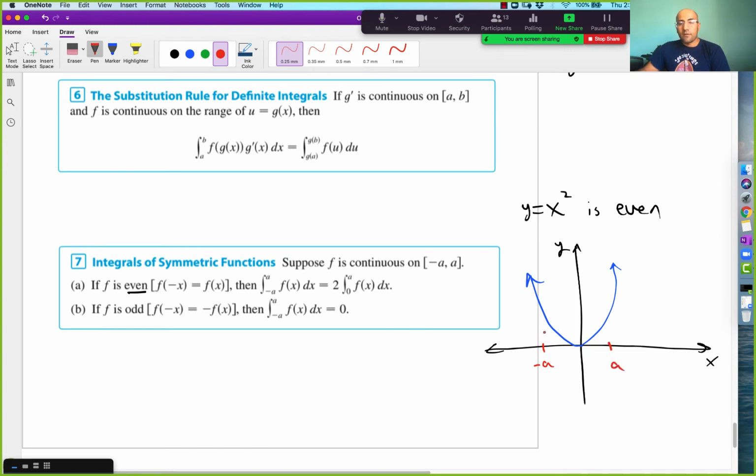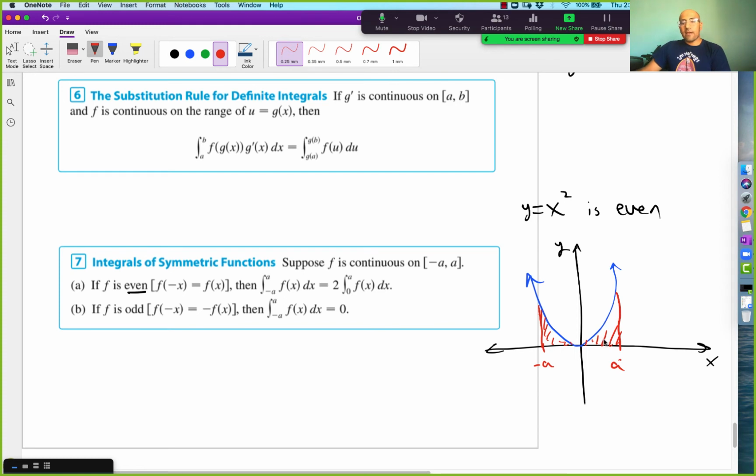So if we're trying to find the area underneath the curvature, it's ugly, but you get it.